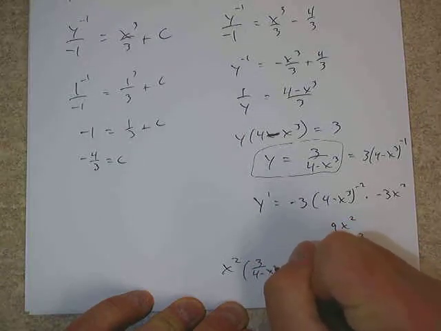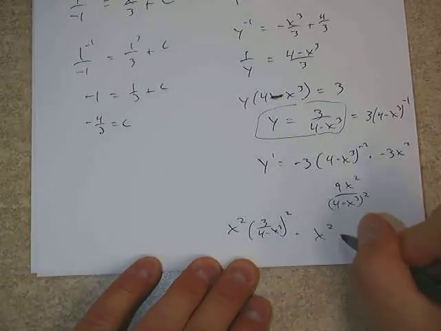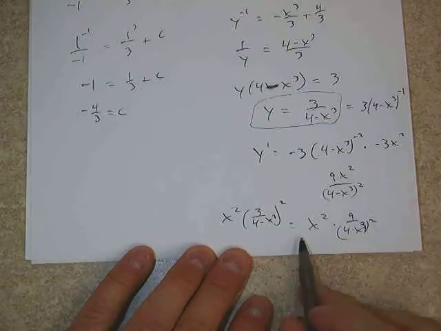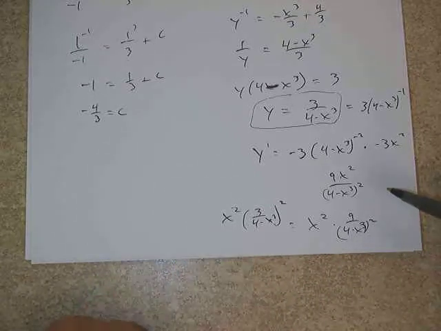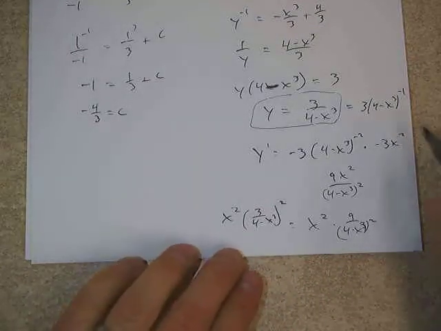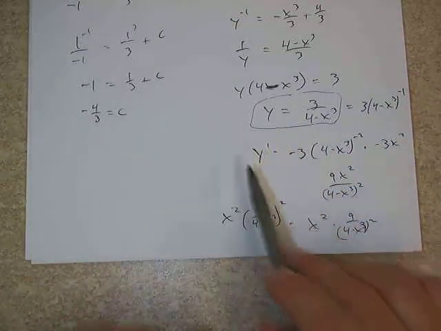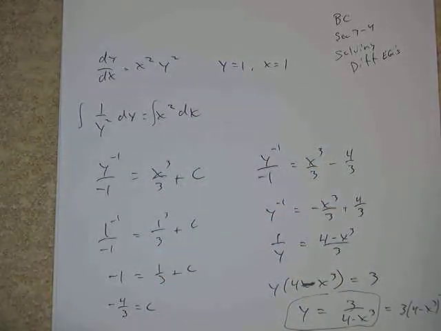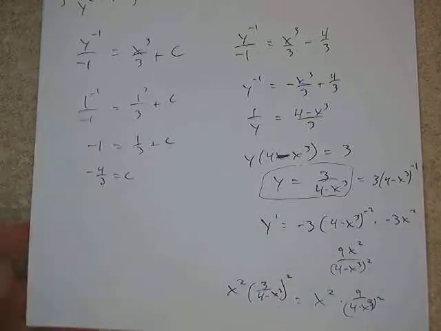So if I did x squared times y squared, 3 over 4 minus x cubed all squared, I would get x squared times 9 on top, 4 minus x cubed all squared on the bottom. If I put those two together, how does that compare to this? Of course, it's the same thing. That guarantees that I do have the correct answer, which is ultimately this. Again, we're setting out to find the equation whose derivative is this, and that satisfies the initial condition given.